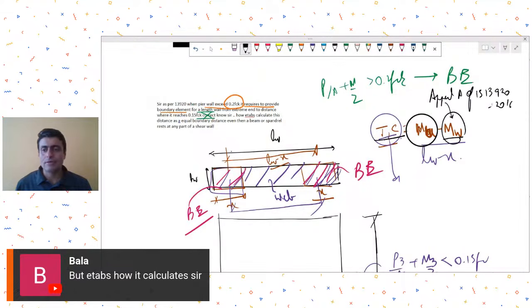There is a formula given in Appendix A. You do that calculation, then divide it by this distance to get the TNC. Once you get that TNC, you have to design it as a short column. Then you can check the design for short column and try and place the reinforcement in it.